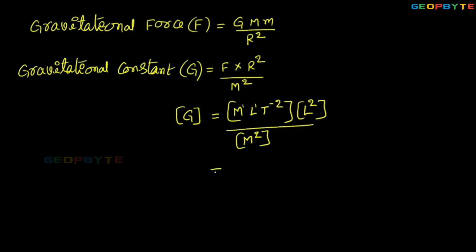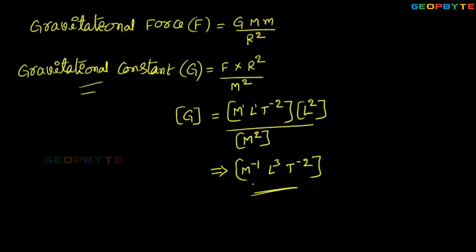Now we simplify it. Here it is M power minus 1, L power 3, T power minus 2. This is the dimensional formula for the gravitational constant.